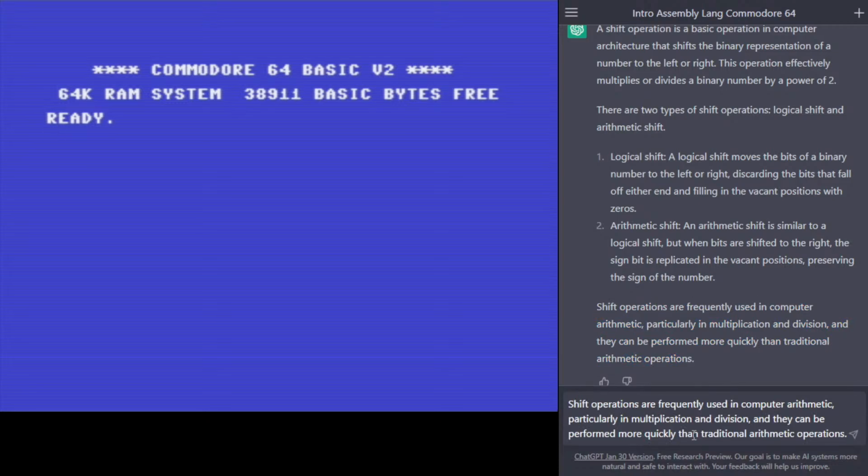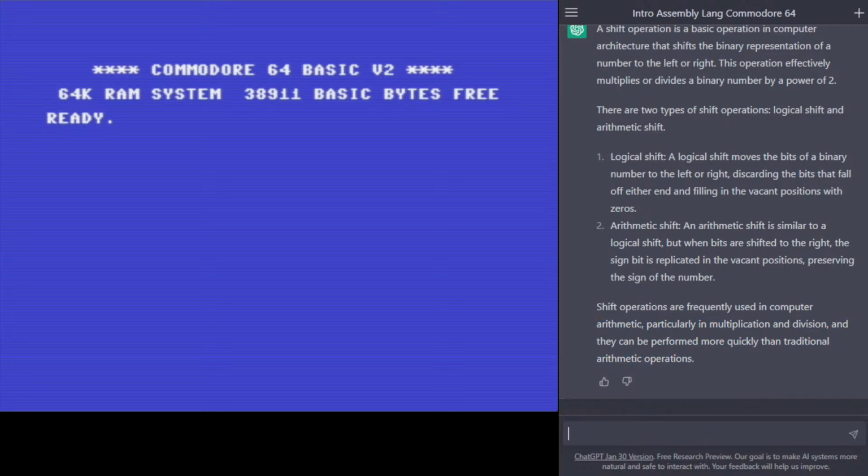Oh, I just pasted that in the wrong place. Shift operations are frequently used in computer arithmetic, particularly in multiplication and division, and they can be performed more quickly than traditional arithmetic operations. Yeah, I suppose that it would be pretty easy. It's basically like running a number through a shift register.